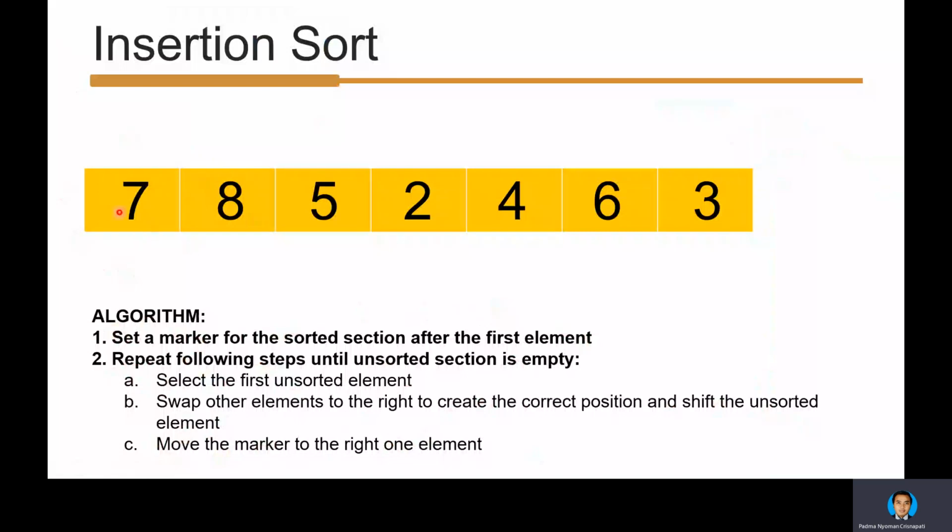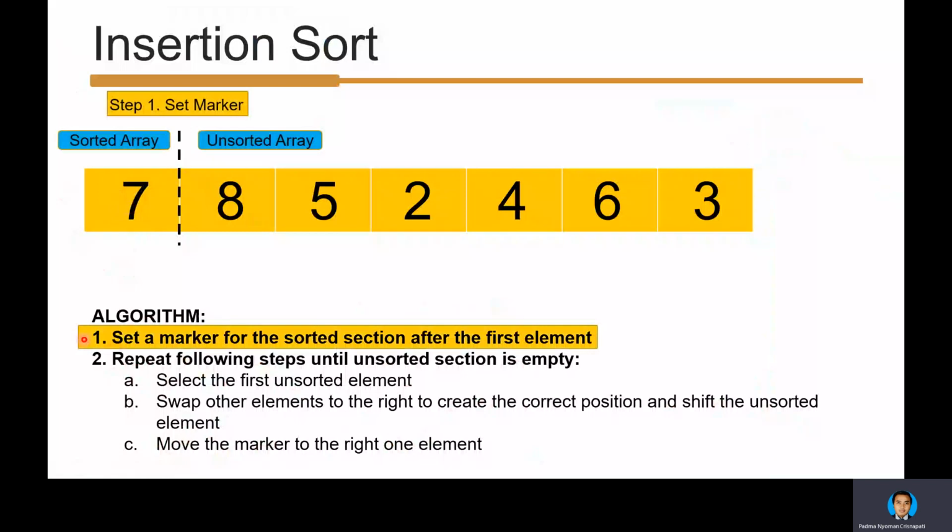Okay, now I will try to explain by using this example. The first algorithm that will be run is to set the marker. So we must divide this array into two sections, the sorted array and the unsorted array. Here I set the marker in between 7 and 8.